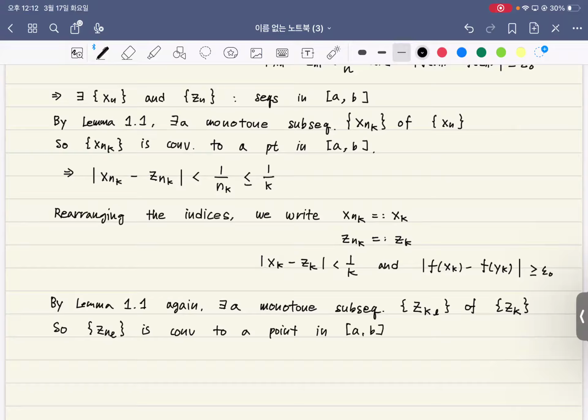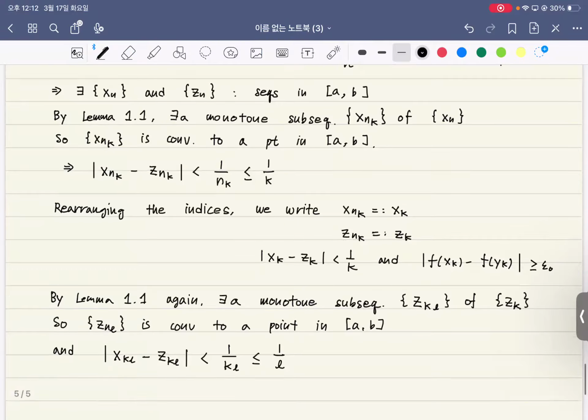And x_{k_l} minus z_{k_l} is less than 1 over k_l, but this is still less than 1 over l.